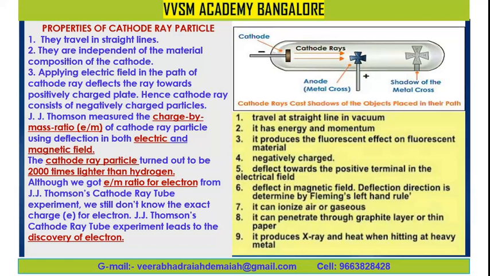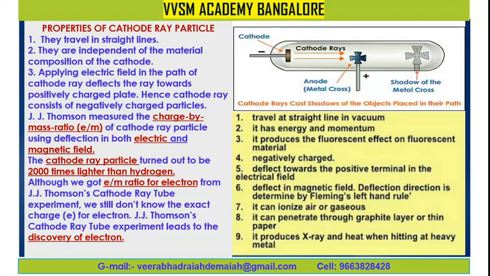They can ionize air or gases. They can penetrate through a graphite layer or thin paper. And another extraordinary property or characteristic of cathode ray particles is that when they hit a heavy metal, they produce X-rays.